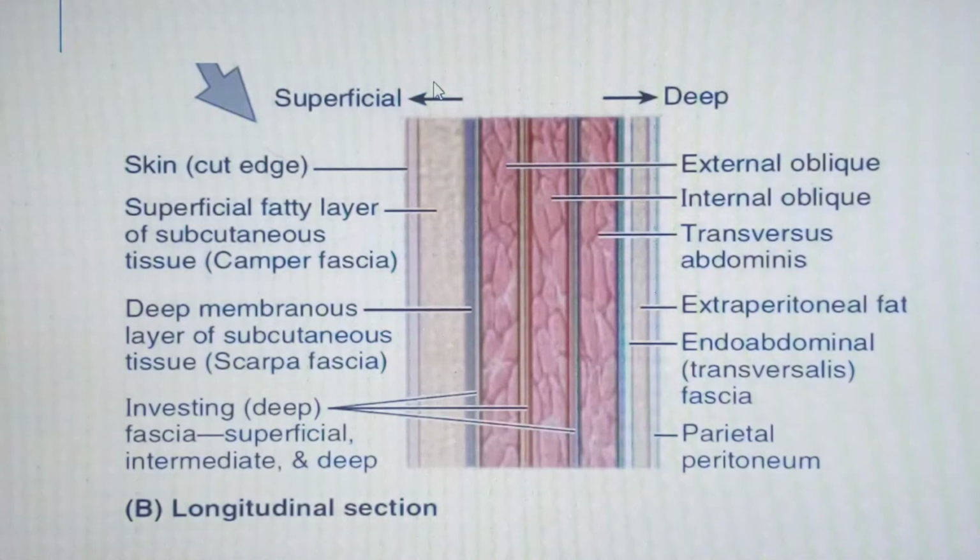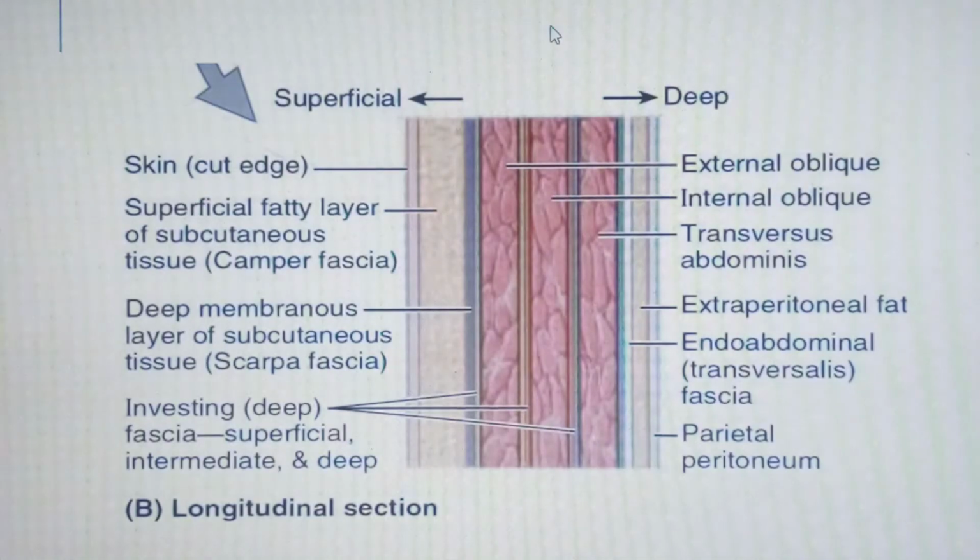But for some other structures, for instance the skin, or for solid structures, we'll be interested in saying that this structure is deep, and this one is superficial to this one. If you are superficial, it means you are closer to the skin. If you are deep, then you are further away from the skin.